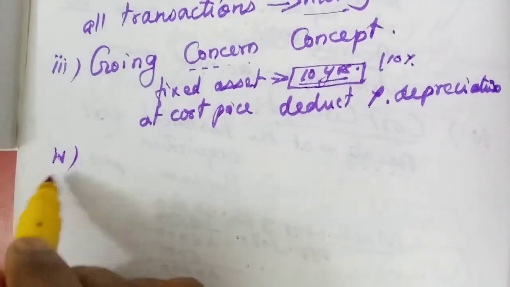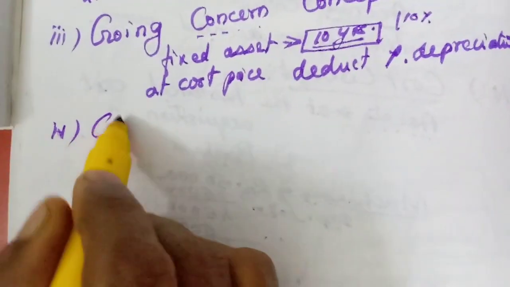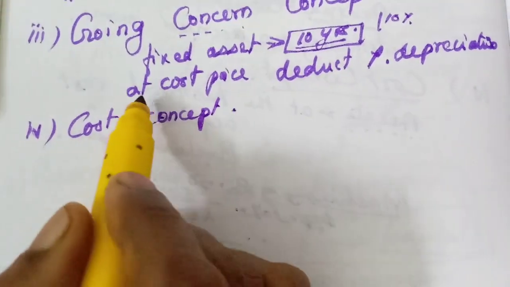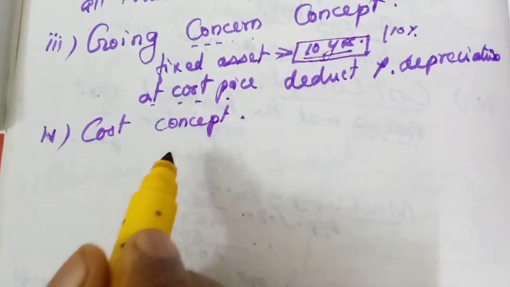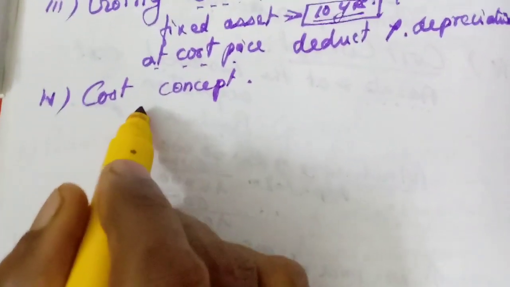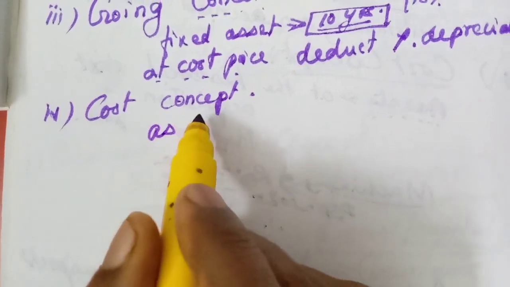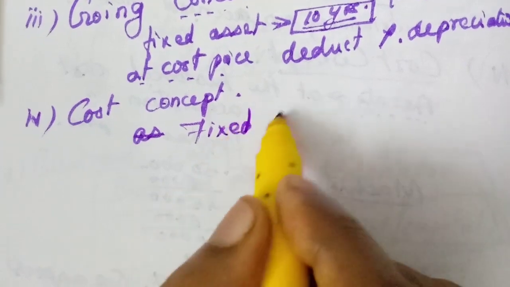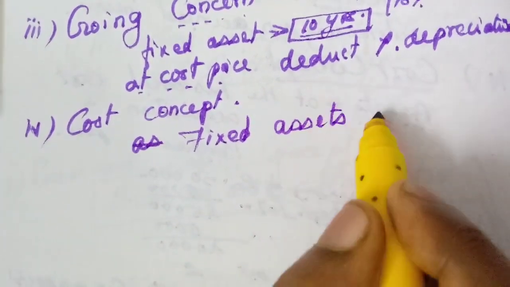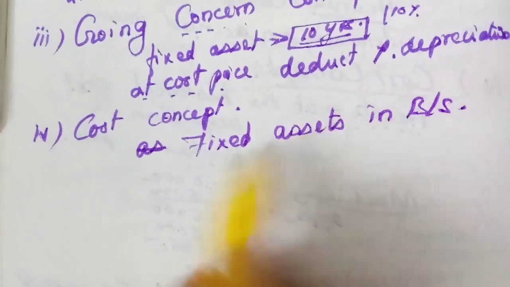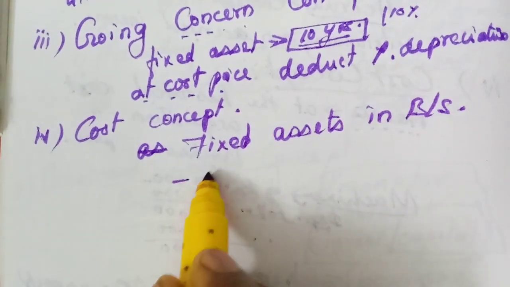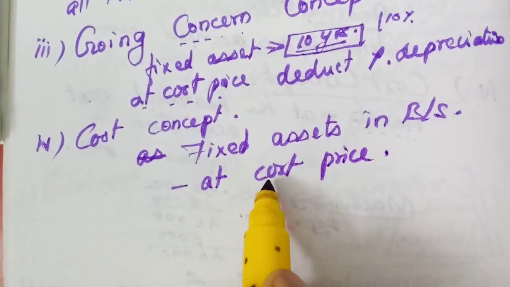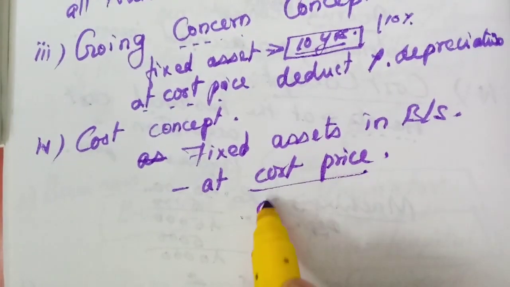Then the fourth concept is the cost concept. This is also related to the going concern concept. Here we have studied that fixed assets are valued as per their cost, because all the fixed assets are entered in the balance sheet. They are valued at cost price. Cost price, I have told you, is the acquisition price.